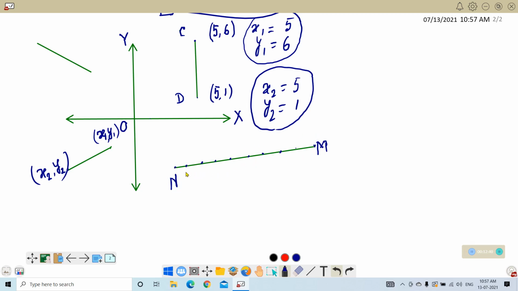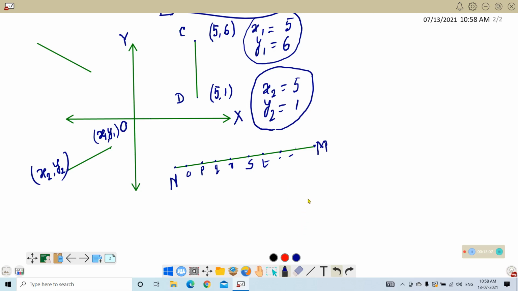And there are so many points, O, P, Q, R, S, T, and so on. For each point, there will be a coordinate. So this is the process of denoting a line segment in the coordinate system.